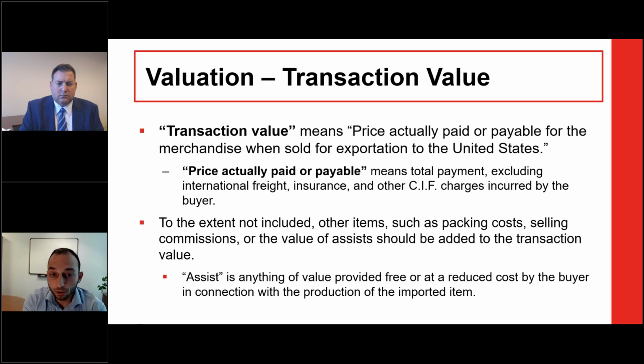And to the extent not included, other items such as packing costs, selling commissions, or the value of assists incurred by the buyer should be added to the transaction value. And in this context, assist means anything of value provided free or at a reduced cost by the buyer in connection with the production of the imported item.